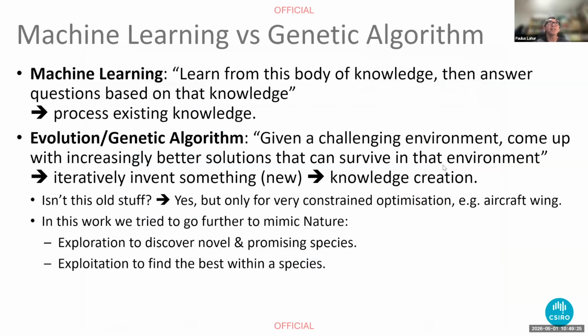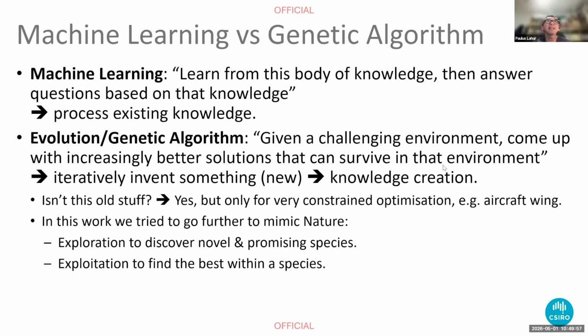Whereas evolutionary algorithm or genetic algorithm is a bit different. It's just like real life: given a challenging environment, come up with increasingly better solutions that can survive in that environment. So it's iteratively inventing something new, which is knowledge creation instead of using the existing one.